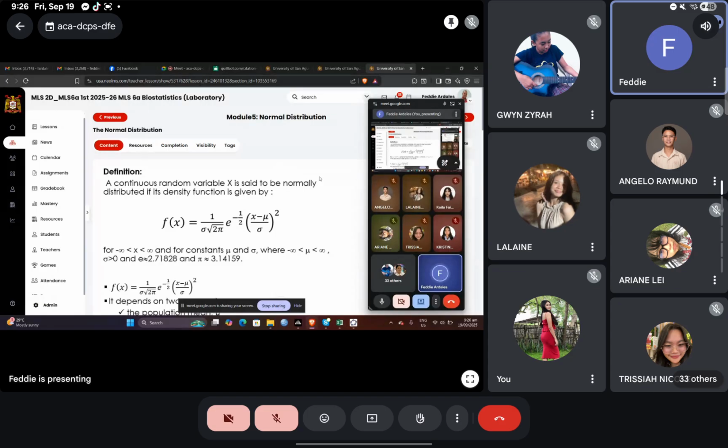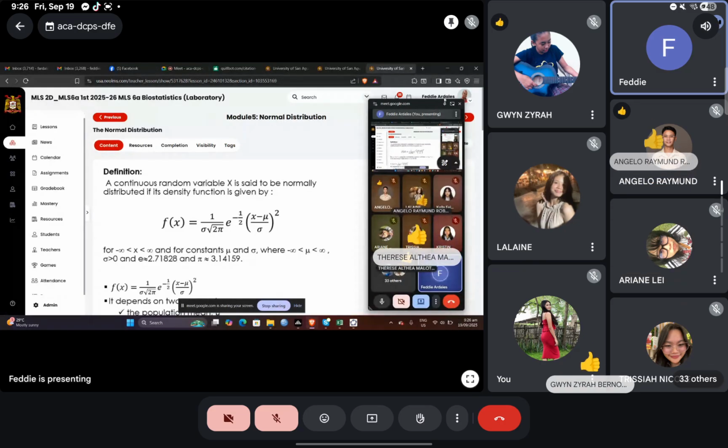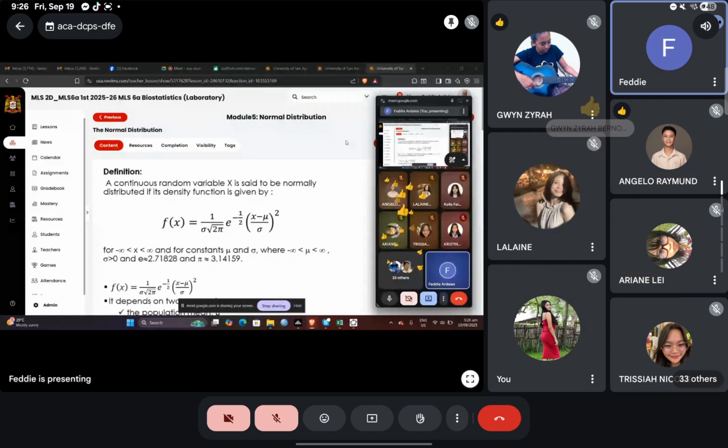Okay, is my screen visible? Yes. Okay, now, talking about the normal distribution. By definition, a continuous random variable x is said to be normally distributed if its density function is f of x equals 1 over standard deviation times square root of 2 pi times e raised to negative 1/2 times the quantity x minus mean over standard deviation, quantity squared.